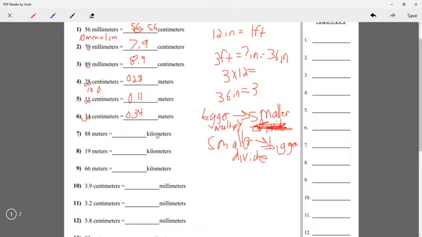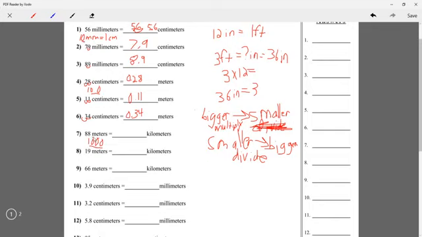Now, for meters to kilometers, it is 1,000 meters in a kilometer. So that means that I'm going to move the decimal 3 places, because there's 3 zeros in 1,000, right? So I'm moving it 2 because there's 2 zeros in 100. I'm moving it here once because there's 1 zero.